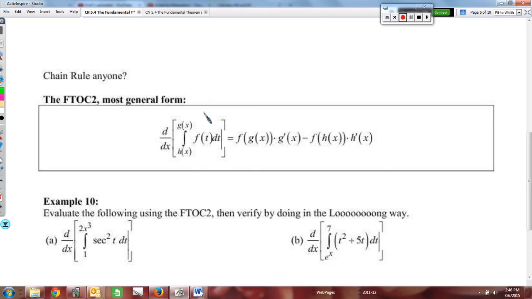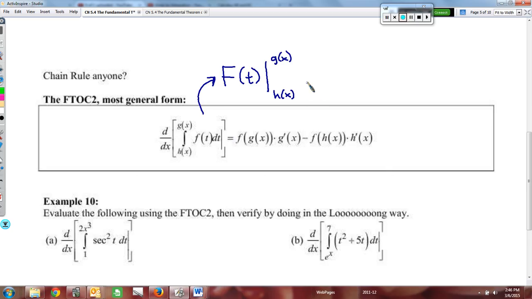Let's define that we have an antiderivative of little f here. I'm going to call it big F. And that antiderivative that we find initially would be F as a function of t, but then we're going to evaluate that antiderivative by plugging in your low bound and your upper bound.